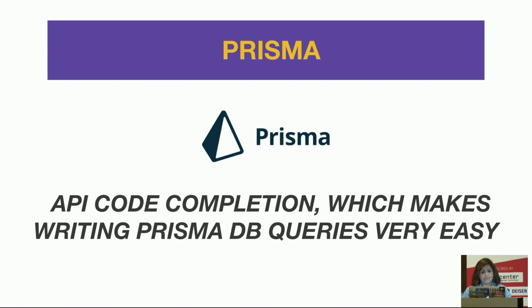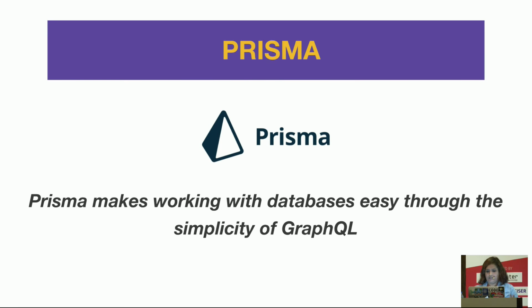And it comes with a lot of features, like code completion. You really don't have to worry about your database language for making a query. Instead, Prisma would do that. Any of the complex queries, it would just take care of that. So it's basically turning your database into a GraphQL API. That means it is making it easier to work with GraphQL.